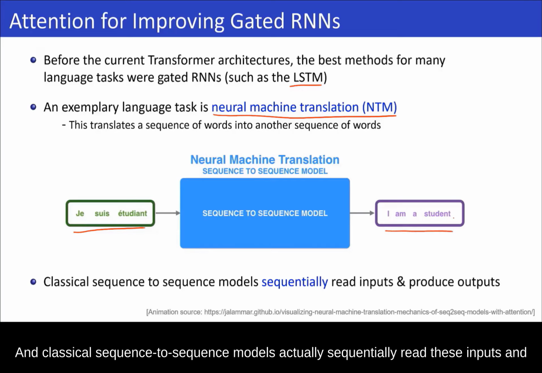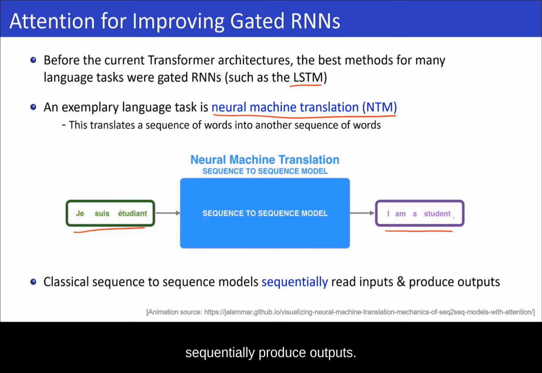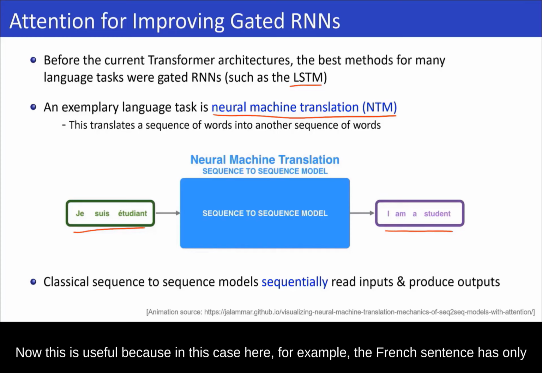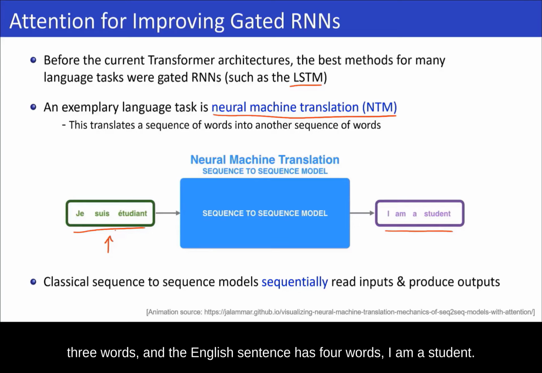Classical sequence-to-sequence models sequentially read these inputs and sequentially produce outputs. This is useful because in this case, for example, the French sentence has only 3 words, je suis étudiant, and the English sentence has 4 words, I am a student.